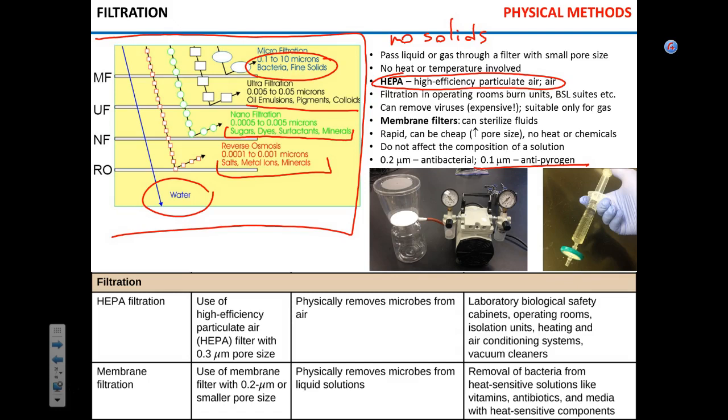So these are two examples of the laboratory filters. This one, as you can see, is attached to the tip of the syringe. It's pretty convenient, especially when you need to make a small injection to an animal, for instance, or you just need to filter a really small amount of fluid for, say, experimental purposes. On the left, it's the typical filtration unit that is attached on top of the flask.